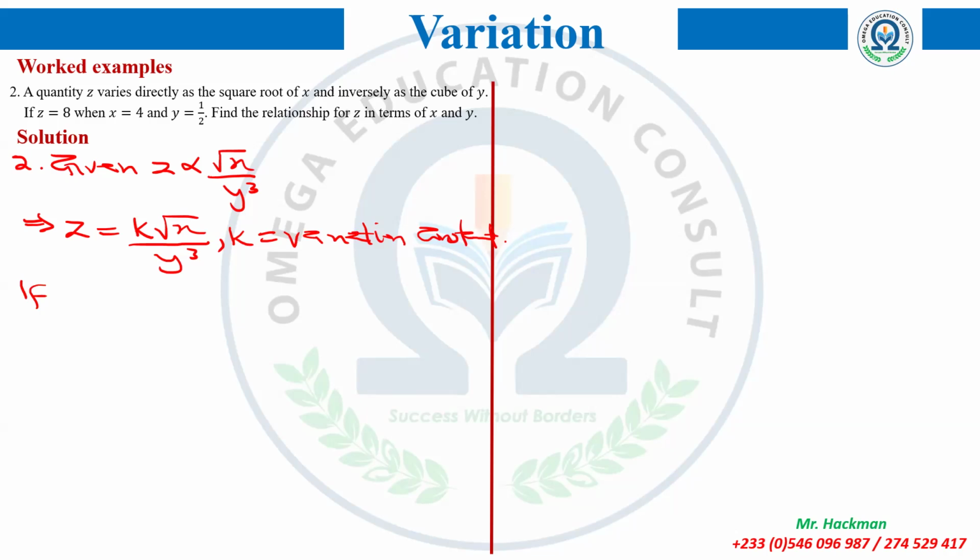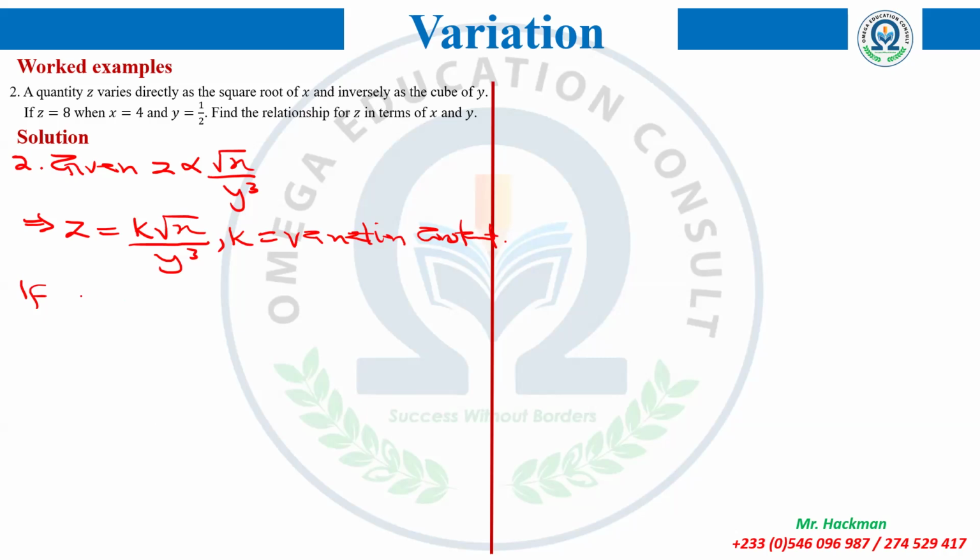Dealing with numbers is usually easier than dealing with variables. So always carry out your substitution in terms of the numbers before you do your change of subject. It's better.